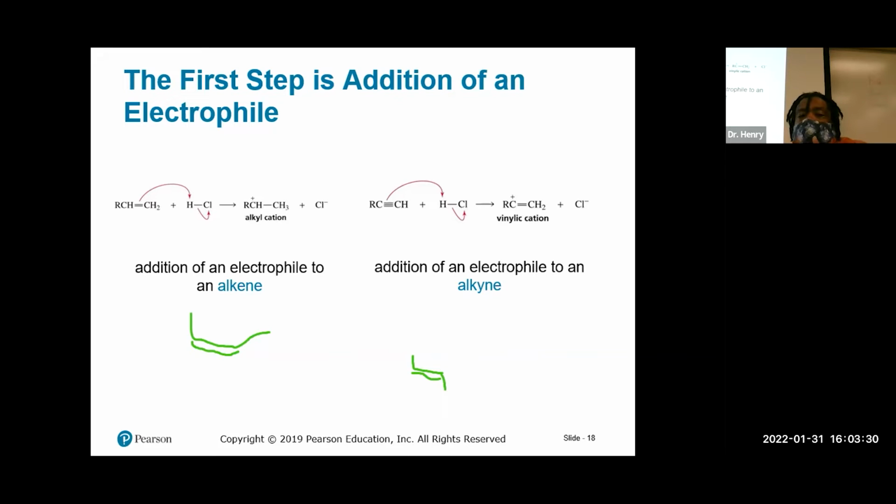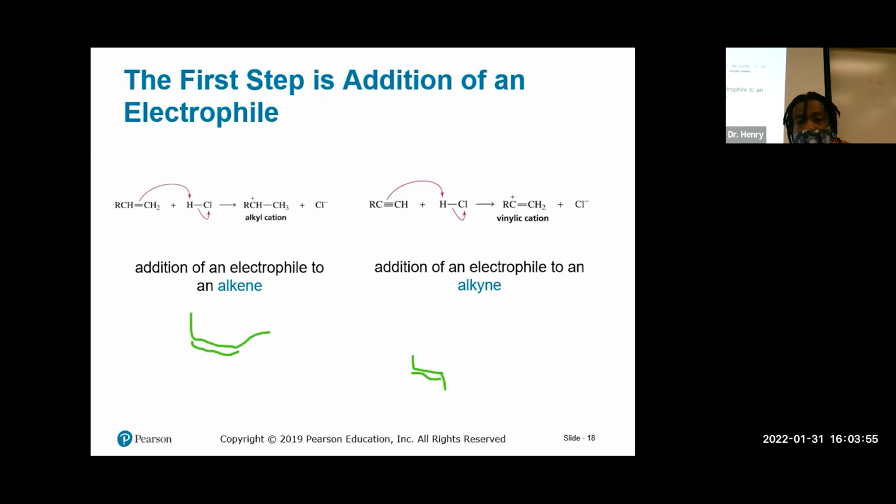Okay, now this is going to be the same thing that's going to be happening in this case, right? With the triple bond. The triple bond now is going to be providing the electrons. Okay, so those electrons are then going to attack the hydrogen. The hydrogen is then going to let its electrons be provided to the chlorine, right? So then the chlorine becomes negatively charged.